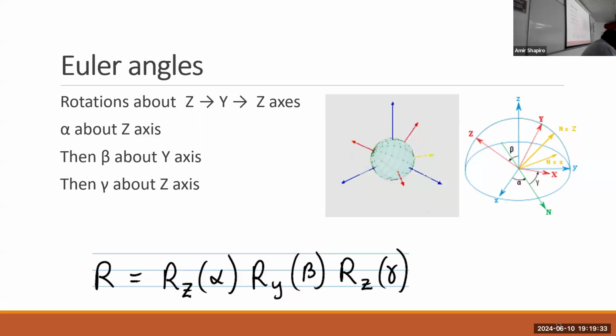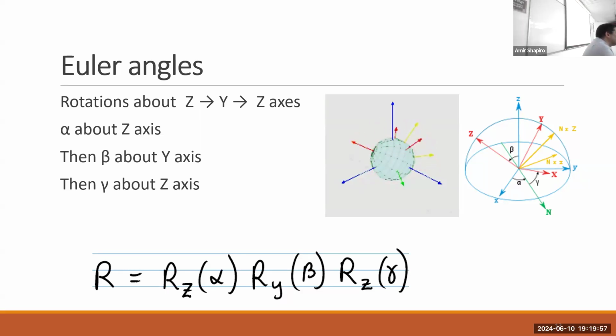And a little bit about Euler angles, so we can represent the rotation, the orientation, in different ways. The rotation matrix can be parameterized by 3 rotations, and we can choose what kind of rotations we want to parameterize.